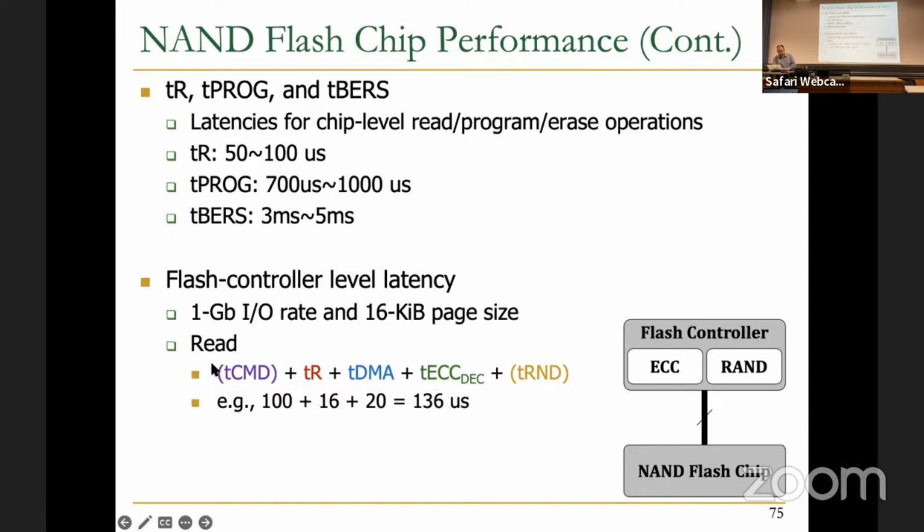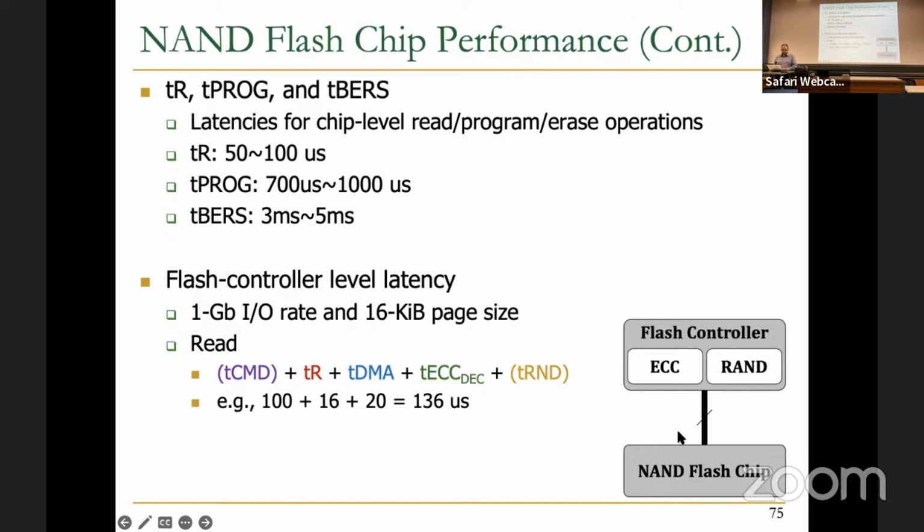For the read operation, these are the steps that you need to do. The flash controller needs to send a command to the NAND flash chip, then you need to spend the sensing time, TR, and then you need to transfer the data that you have read to the controller, TDMA, and then you need to do ECC decoding as well as randomization.